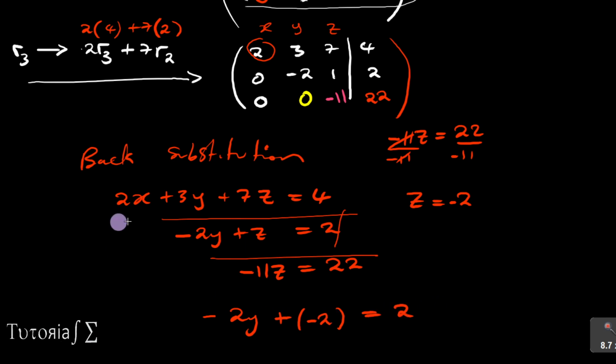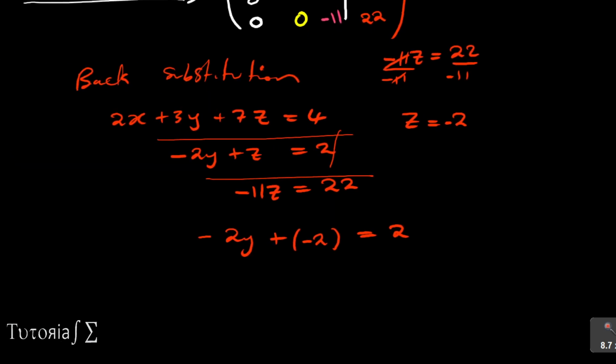Then when we make y the subject, this goes there, so negative 2y equals, this goes there, it becomes plus, so it's equal to 4. Then we say over negative 2, over negative 2. Y is equal to negative 2.